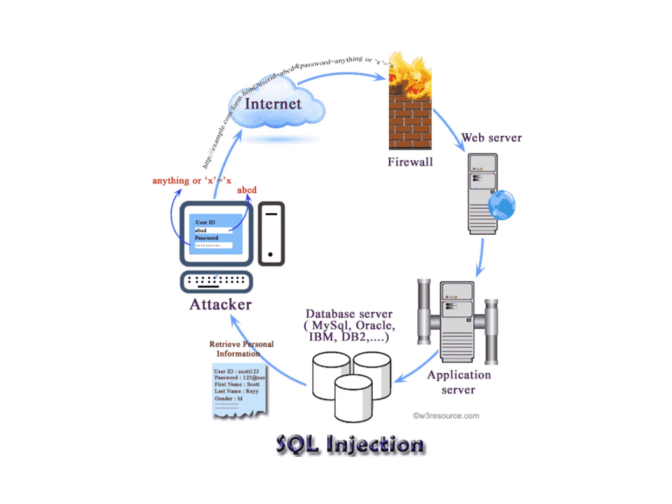A common example of an SQL injection attack is x equals x, which will always return true, and it will bypass the actual password and forward to the internet and web server, and then again forward to the firewall.